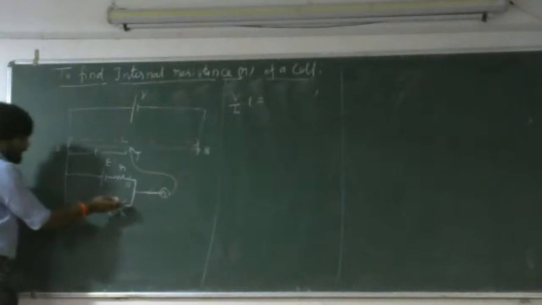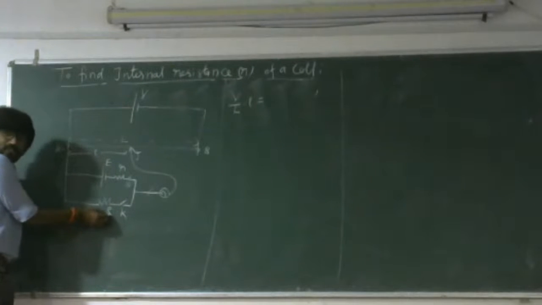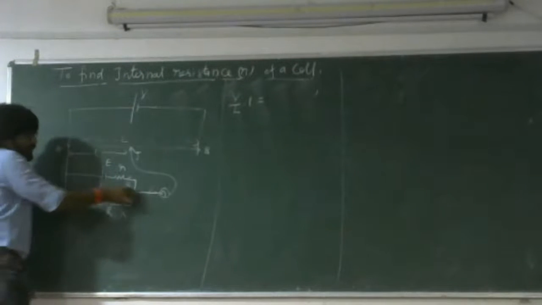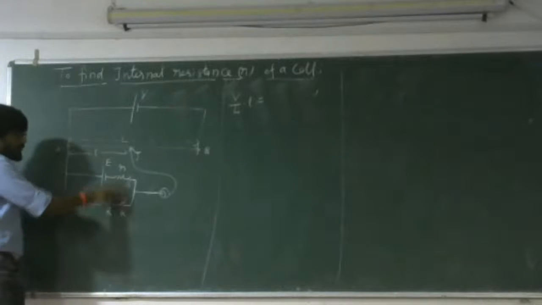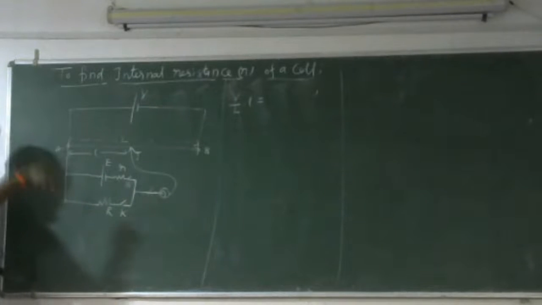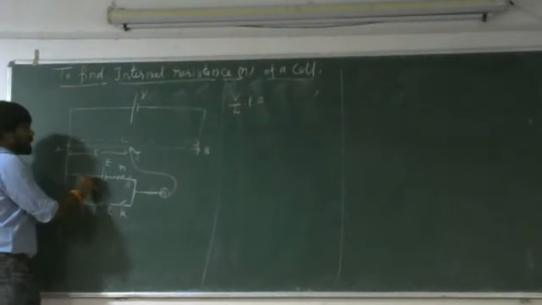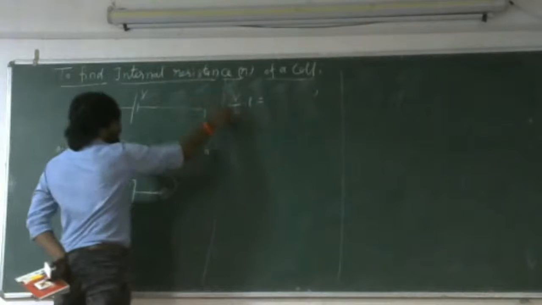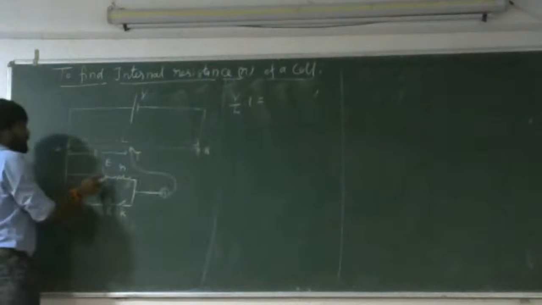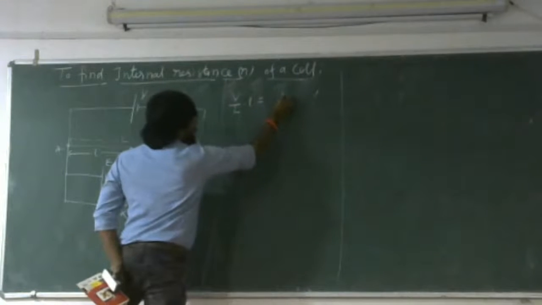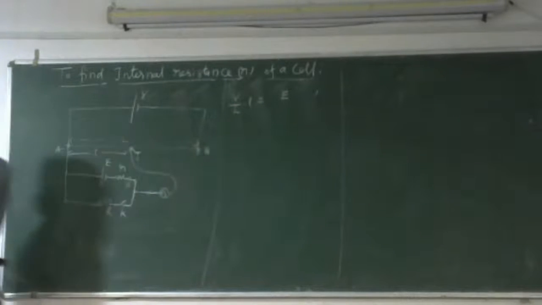Whether it is open or closed, the cell should be included in the circuit. So if it is open, the potential difference V by L into small l is equal to capital E. Are you following?